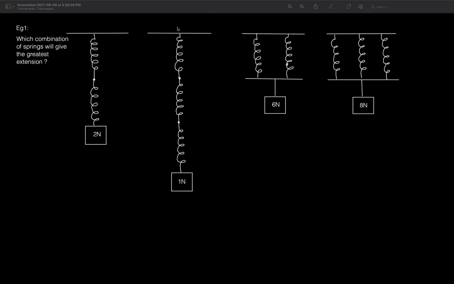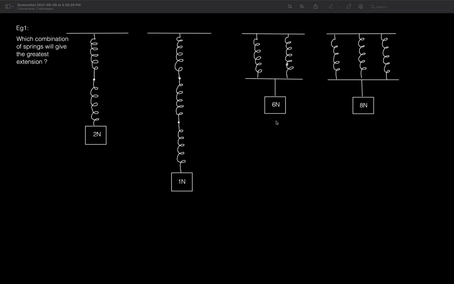That is an example of a parallel spring system. So the answer is that the parallel spring system will have a smaller extension compared to the series. Why? Because the force is being shared by the two springs.